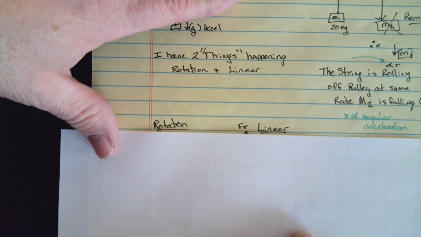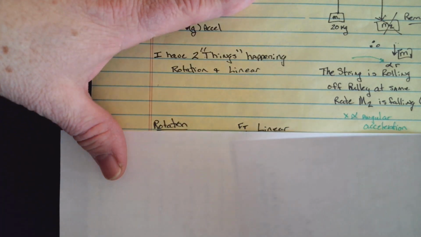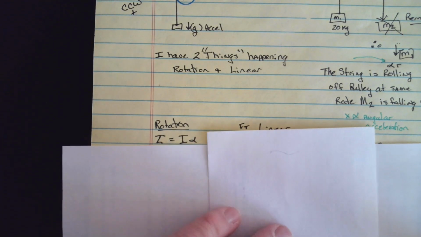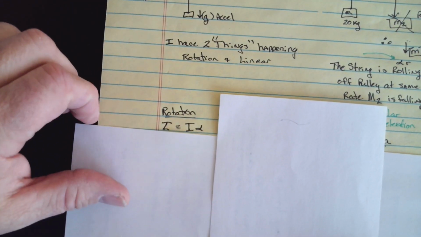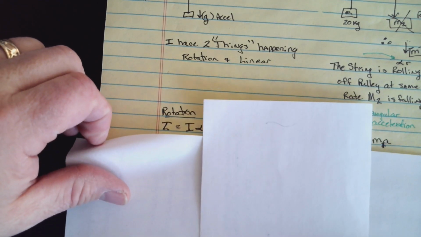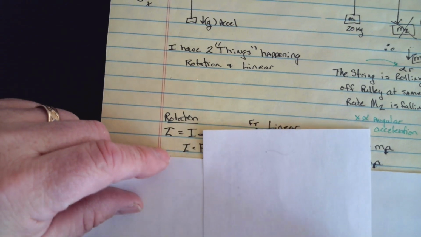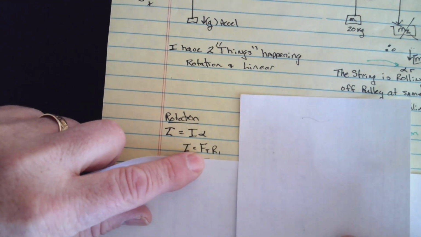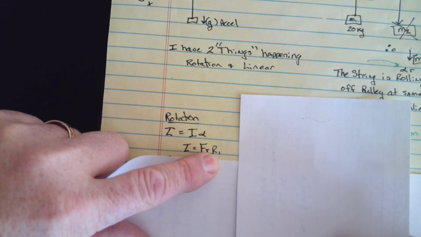If I use that to solve this, I'm going to worry about the rotation one first. So I have torque equal to the inertia times the angular acceleration. I know torque is affected by how much force, or the tension of the string in this case, times the radius.